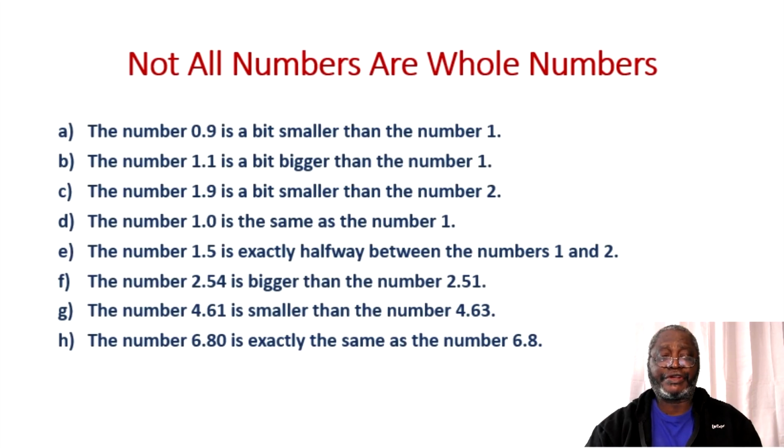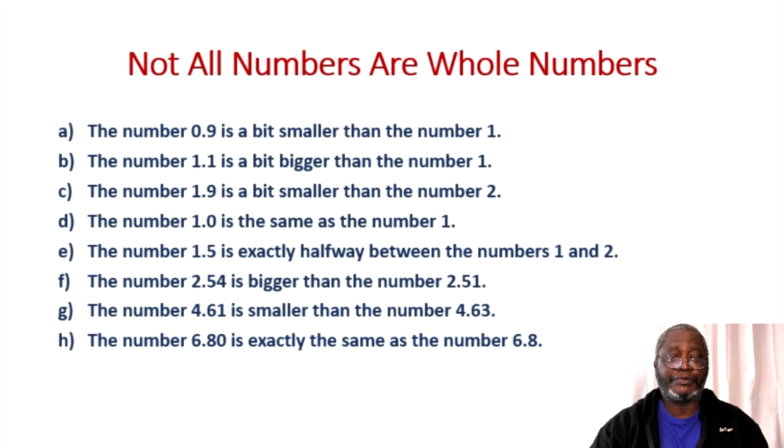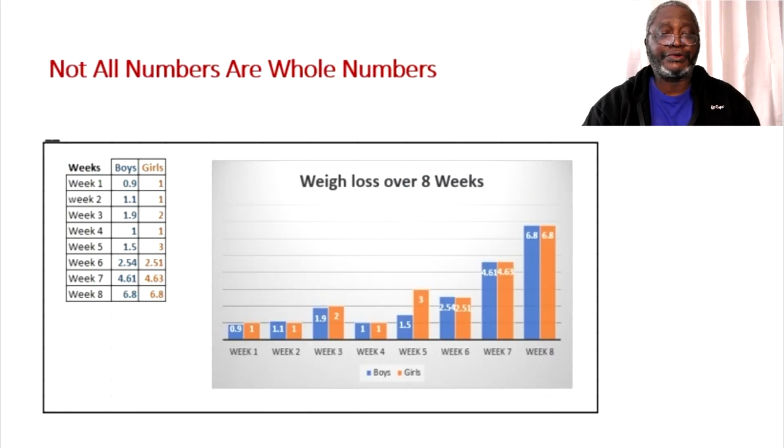Now I know this is a lot to take in, so what I try to do is present them in a sort of graphical format. So if you look at this diagram on the screen, you'll see, first of all, on the left a table of boys and girls, and then to make it interesting, I put it in the context of comparing the rate at which boys and girls lose body fat for their coming sports.